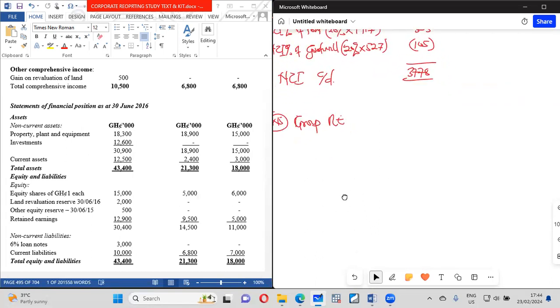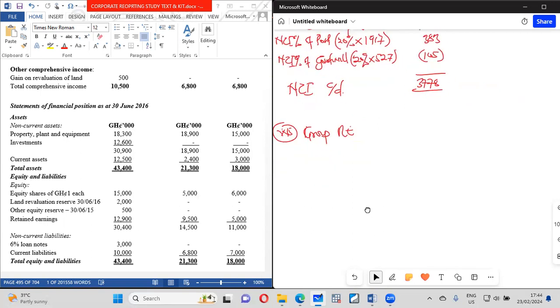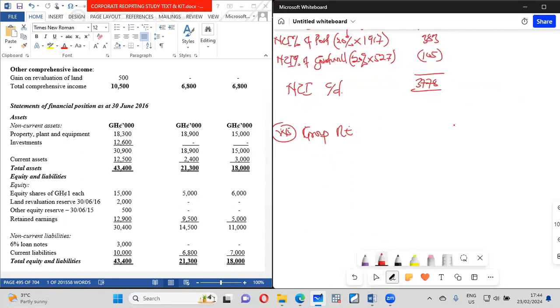So then I'll also create here working 6, which is investment in associate. So I start here by doing parent RE, parent retained earnings. How much is the parent retained earnings? Parent retained earnings here is 12,900.